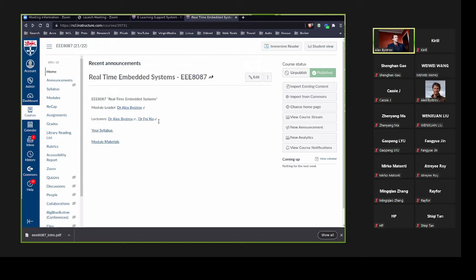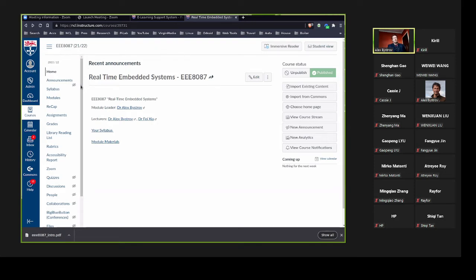He is actively involved in research on the topics he is going to talk about. It will be the second half of the lecture material. So our lecture material is split between mine and his. The first week, this week, we'll be going through my lectures, and next week it will be Fei Xia's lectures, right?